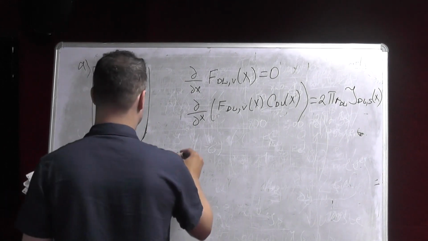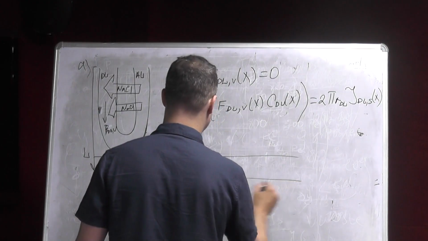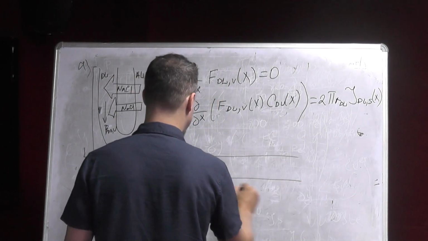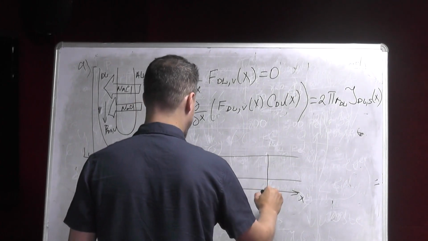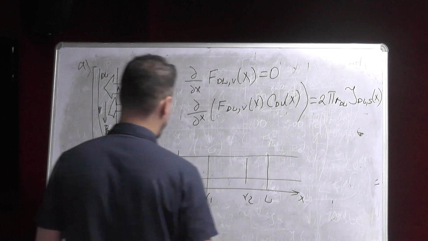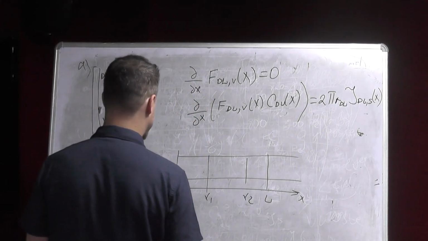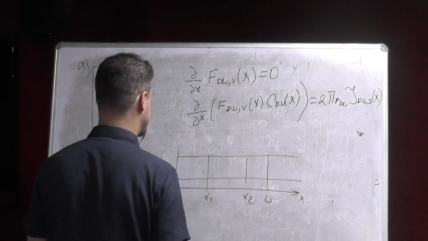So yeah, we're basically talking about if we just simplify this limb like this, and there is some length, and we consider x1 and x2, and we try to estimate how the flux flow changes.